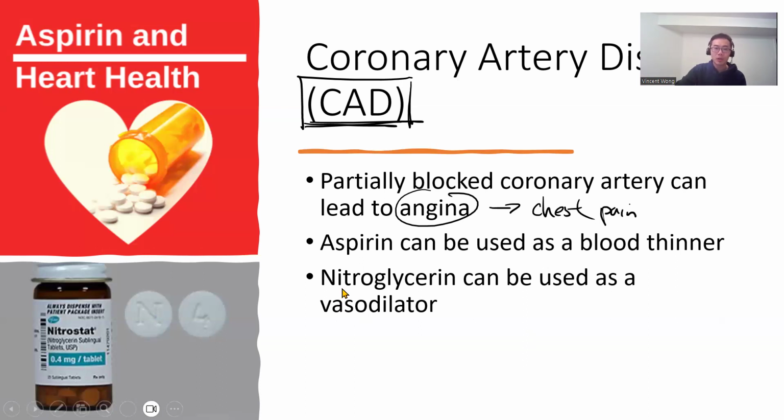There's another drug called nitroglycerin. Nitroglycerin is used as a vasodilator. So it could be a pill that they put under the tongue. You might have heard of that before. They also have a spray. And it basically opens up all the blood vessels, makes them bigger so the blood can pass through. It's interesting because nitroglycerin was first discovered as an explosive.